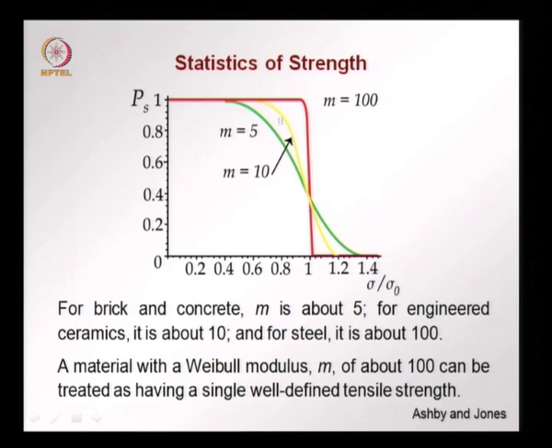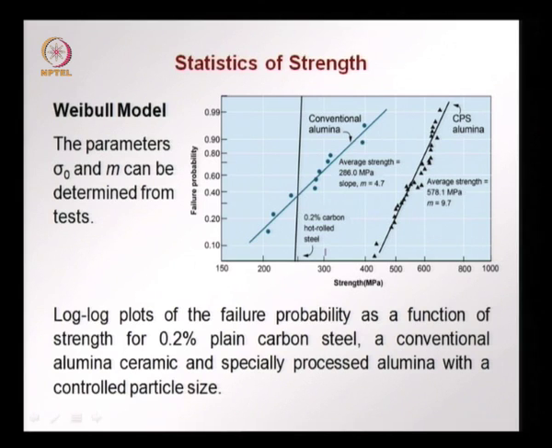However, when m is smaller there is also a probability that the strength is smaller or larger. The variability is there. m for brick and concrete is about 5, for ceramics it is about 10, and for steel it is about 100. And when we have a material with a Weibull modulus of 100, we can say that it has a well defined tensile strength like we see here.